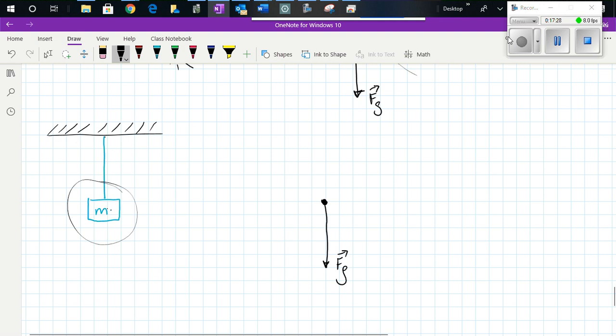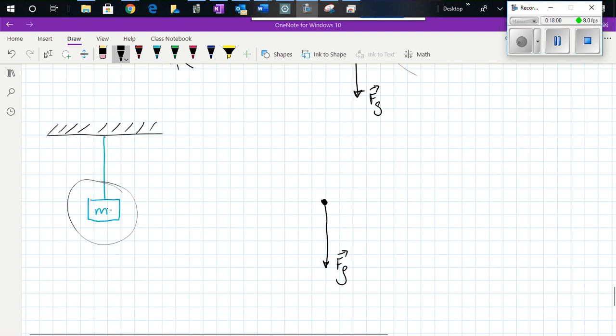Do we have a force normal in this situation? Answers in the chat. No, we do not have a force normal. Force normal exists and is experienced by the object only when the object is on a surface. If it is not on a surface, then we do not have a force normal. The only other force that we have here is the tension force, the tension of the string.